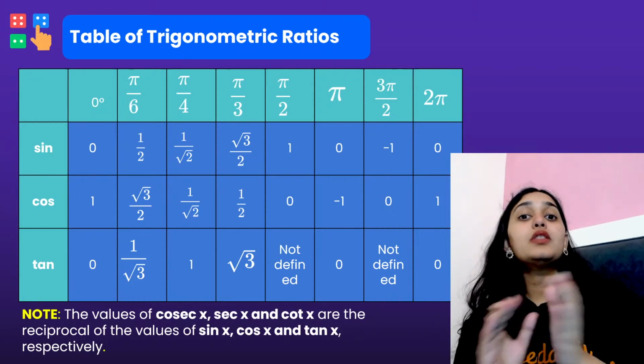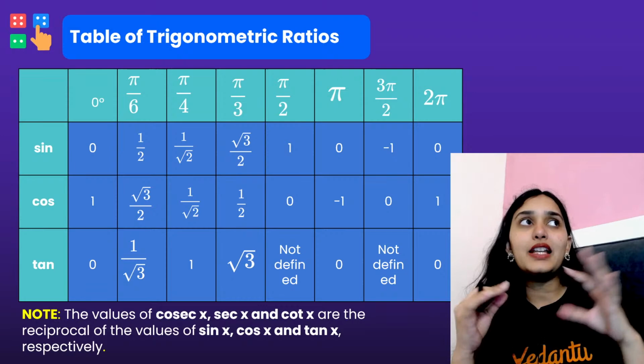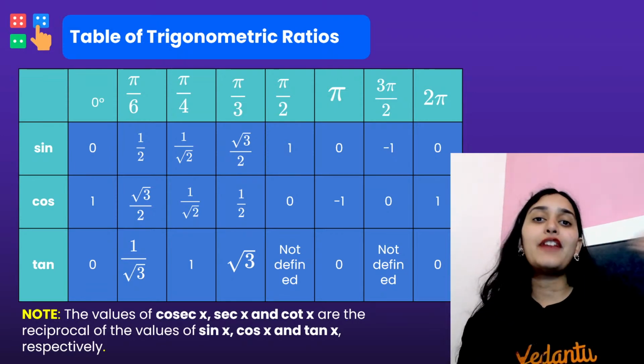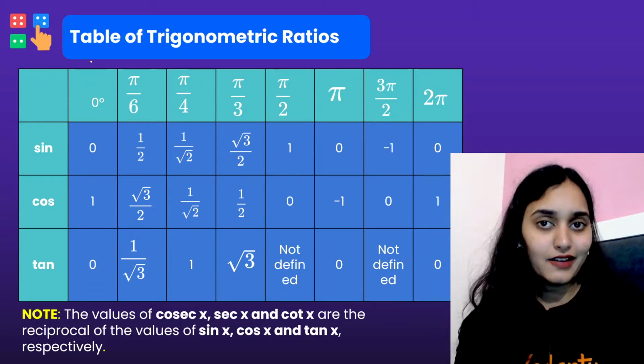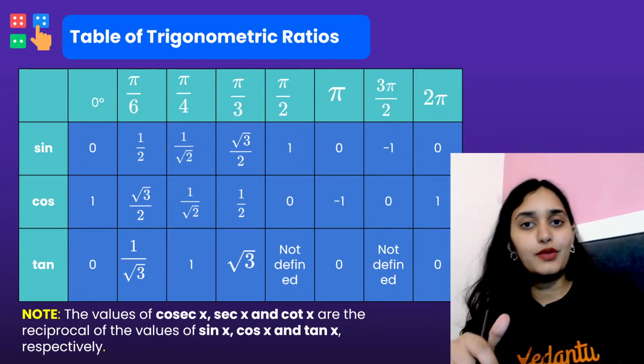Now moving on to the table of trigonometric ratios. We should know the known angle values so that we can derive other angle values using them.